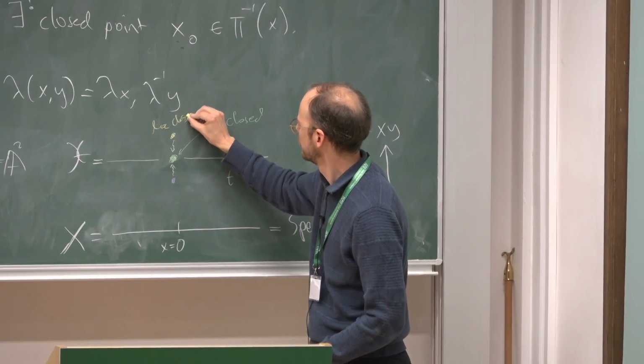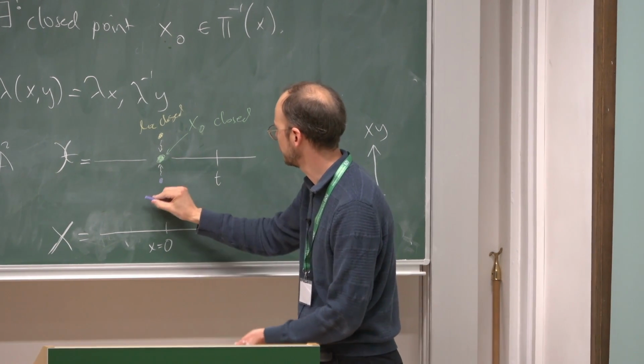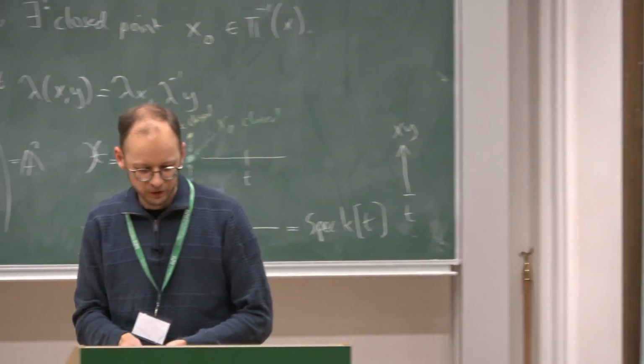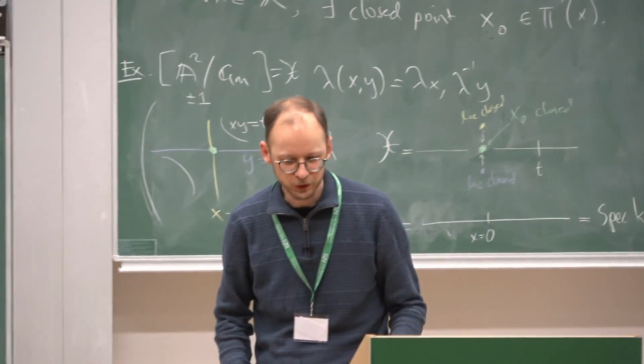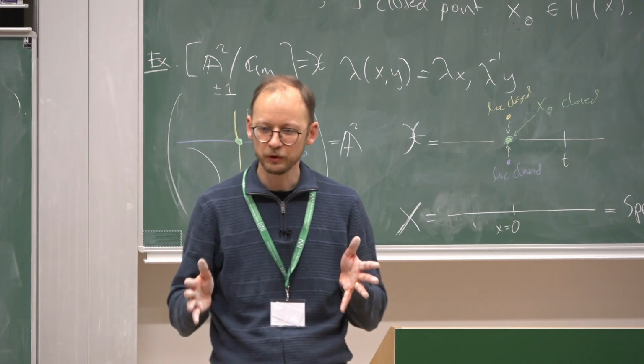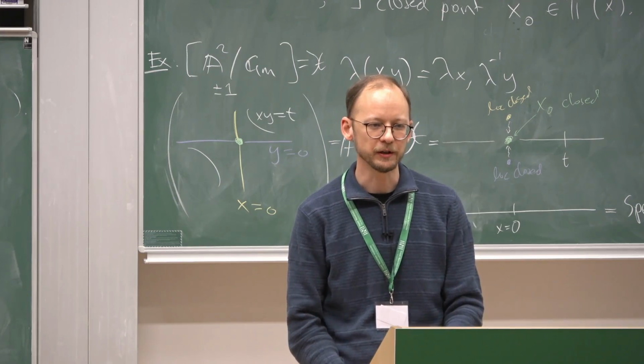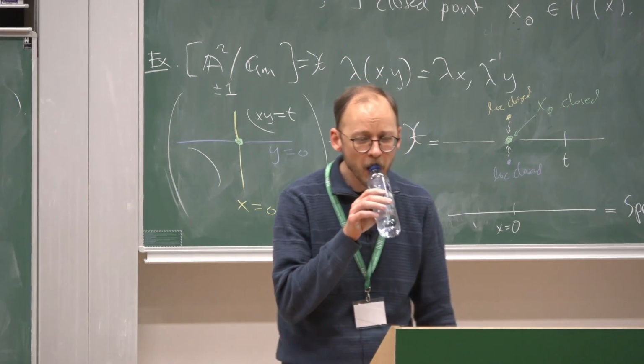The others are just locally closed; in the fibers, they are open in this case. So good moduli spaces have the same good topological properties as GIT quotients, and we'll see that they're even closely related to GIT quotients in the next lecture.